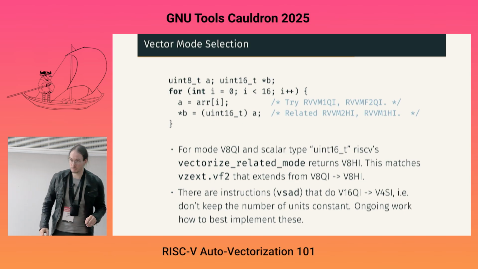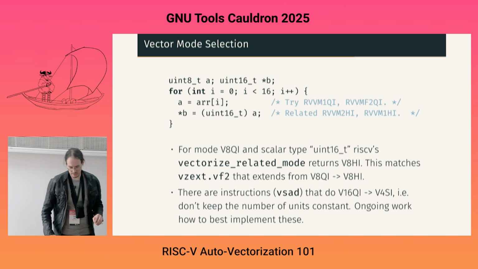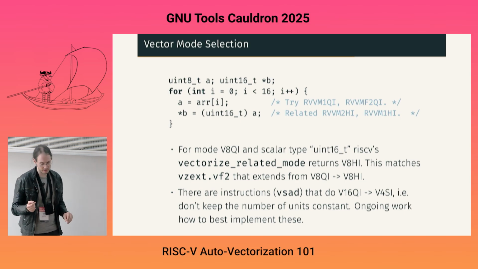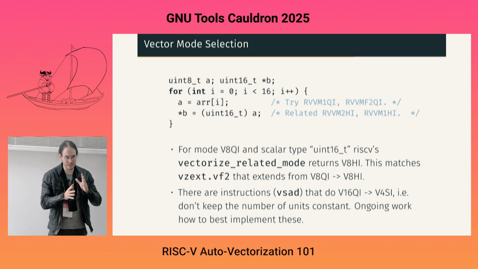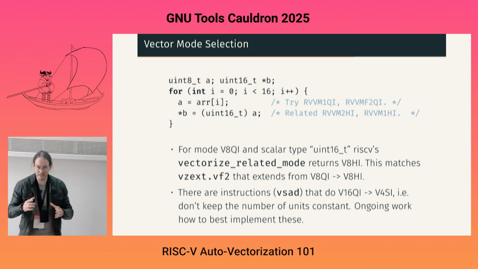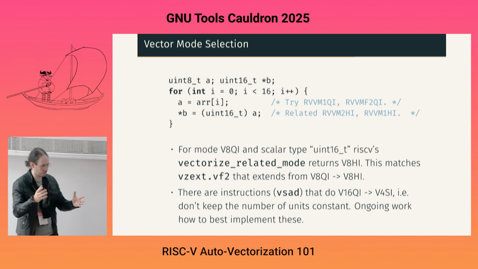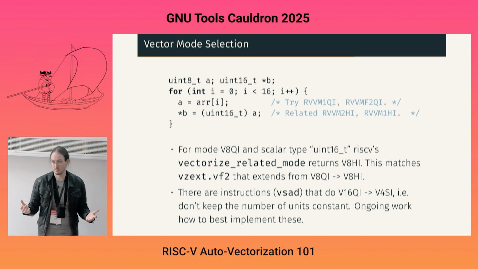And the problem now becomes there are certain instructions, Rivos's SAD instruction is a prime example, but also the dot product, that don't conform to this, to keeping the number of units constant. The SAD instruction is in itself a reduction. It reduces a number of, let's say, characters to integers. It just sums them up.